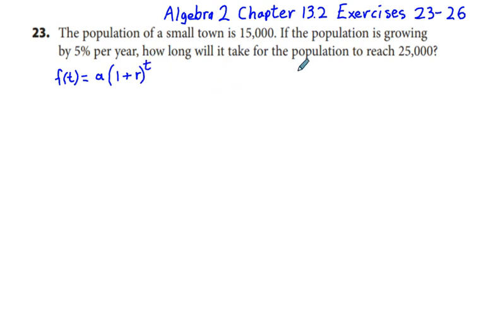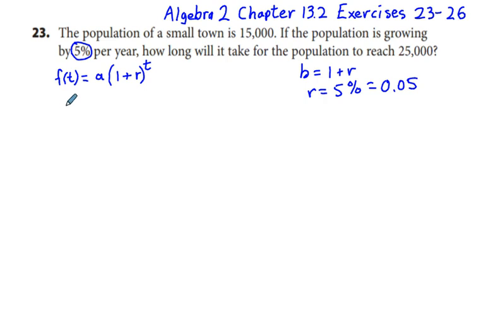So in this case, we've talked about initial value, base. Well, our base in this case is equal to 1 plus our rate, which is r. And here we're given r is 5%. Well, r equals 5%. And that's a certain way of saying a number, but 5% is equal to 0.05.